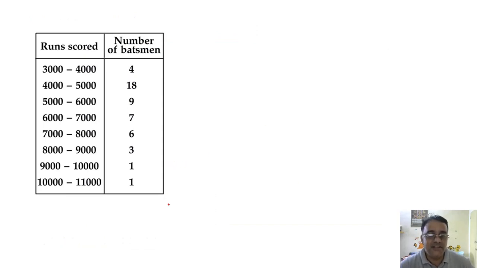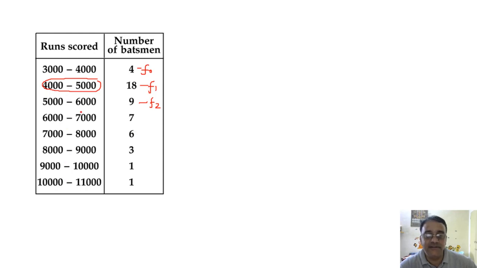Which frequency is the highest frequency? 18. So this F1 is 18, and this is the modal class, and this is F0, after F1 comes F2. And what is the value of h here? 1000.